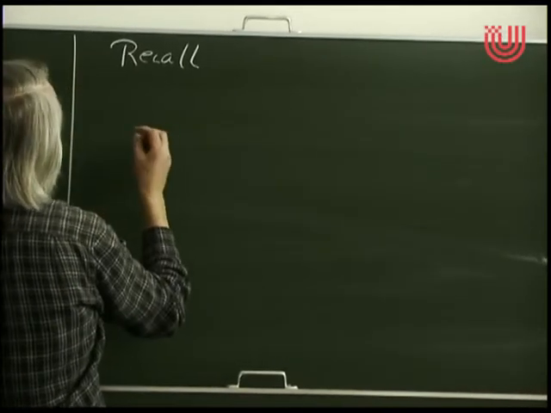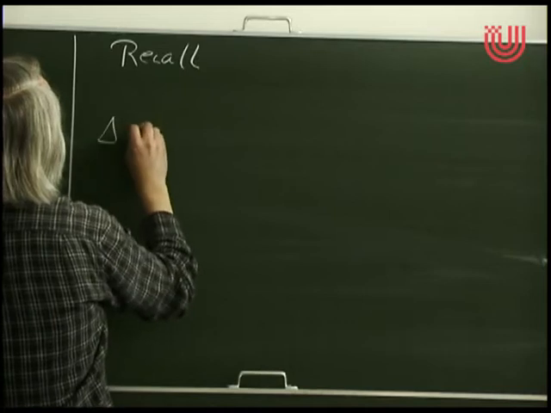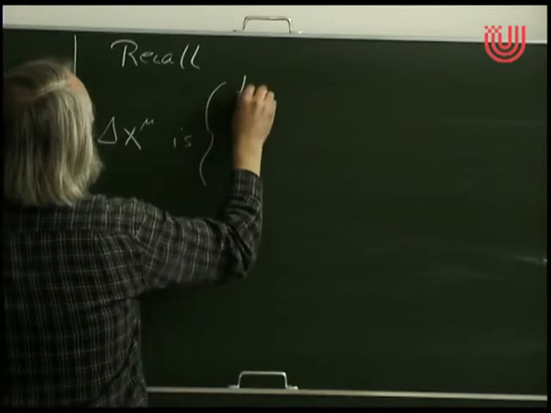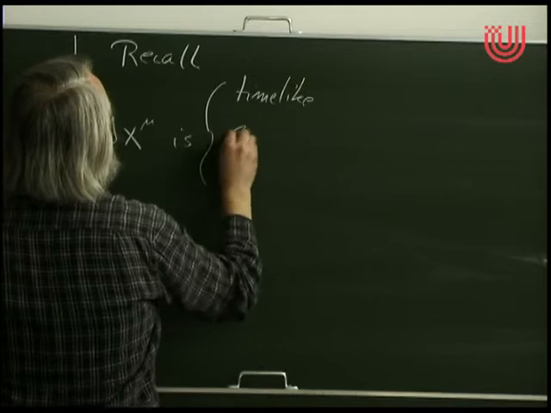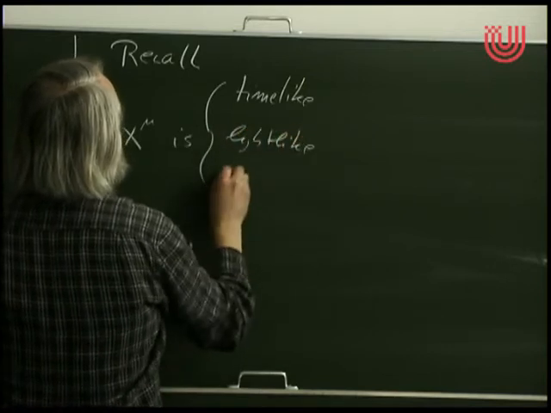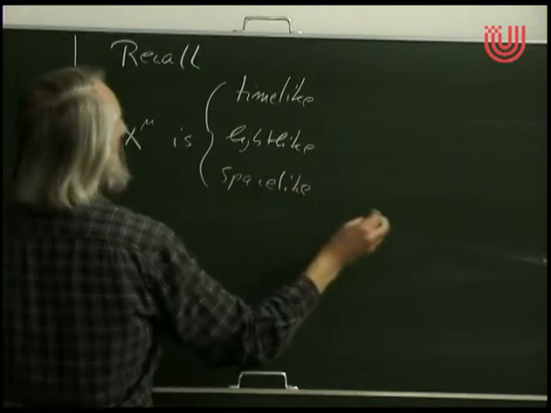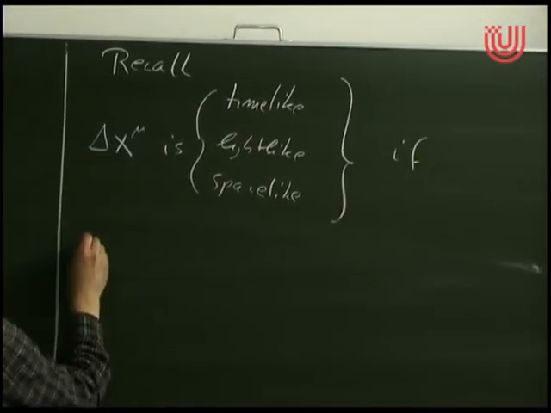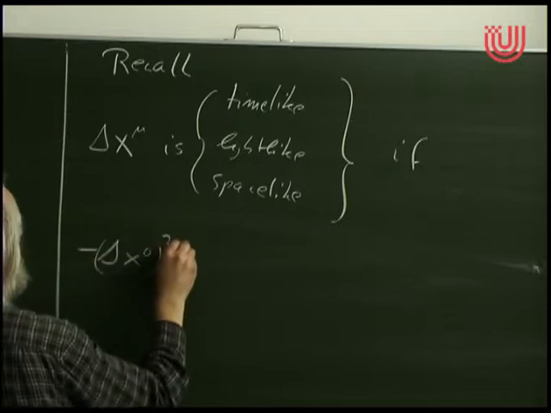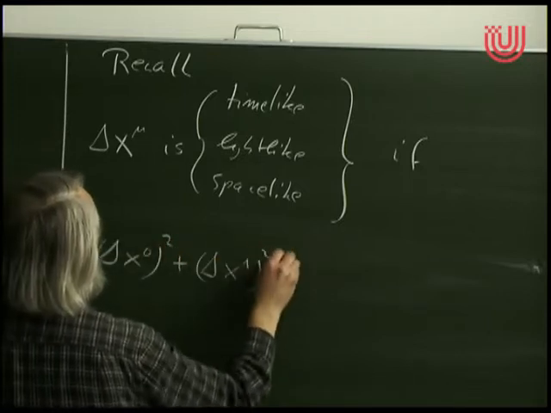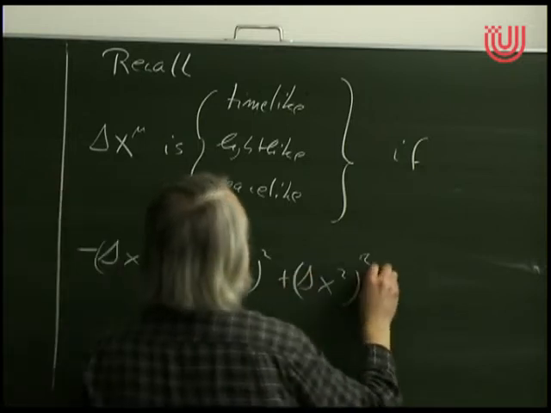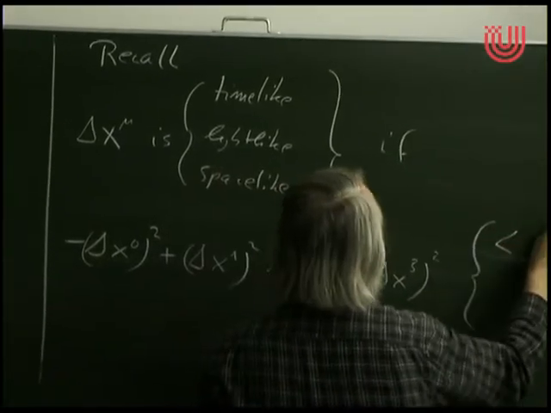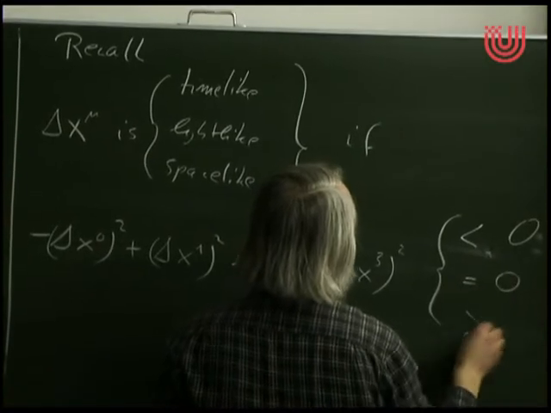And I said that the difference vector delta x mu is time-like, light-like, or space-like if the following expression, minus delta x naught squared plus delta x1 squared plus delta x2 squared plus delta x3 squared, is smaller than 0, equal to 0, or bigger than 0.